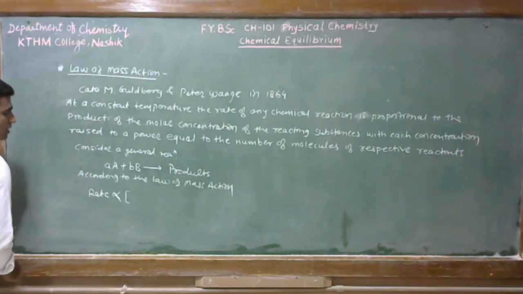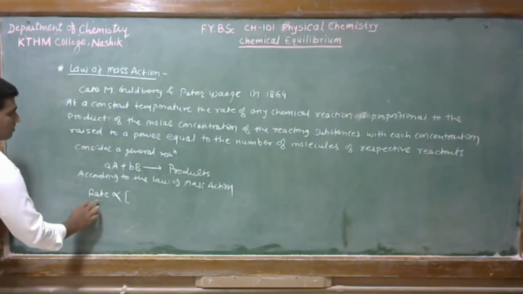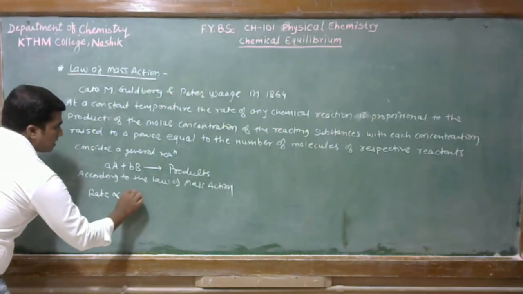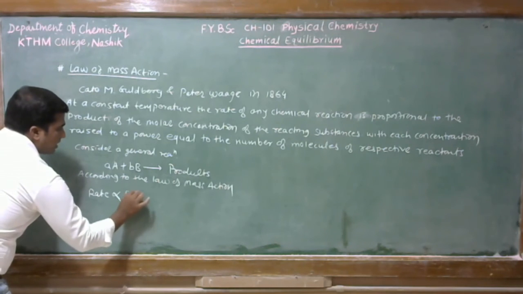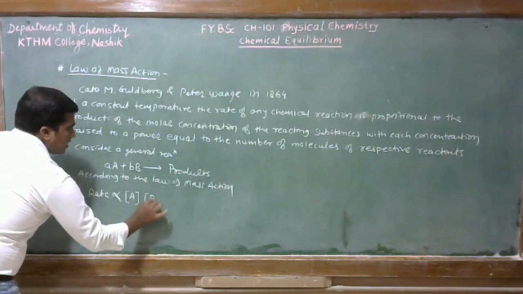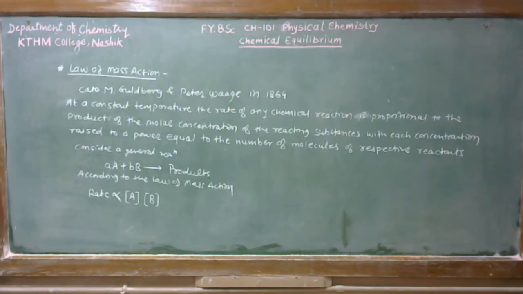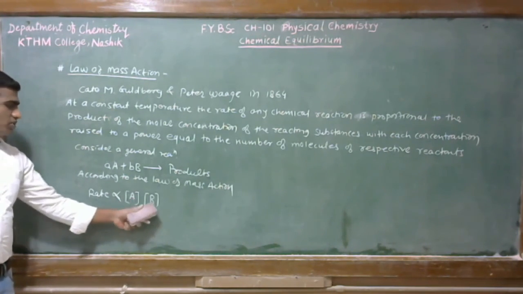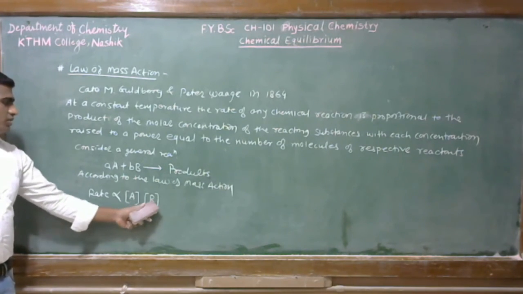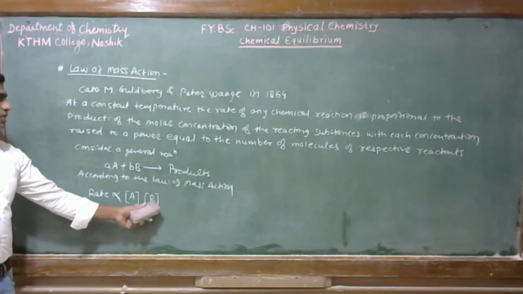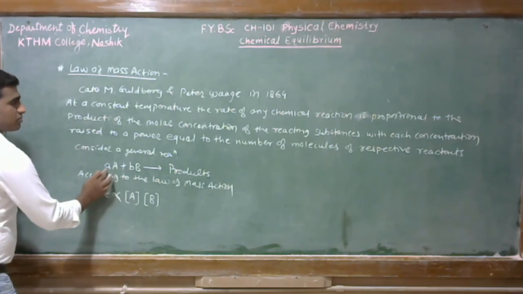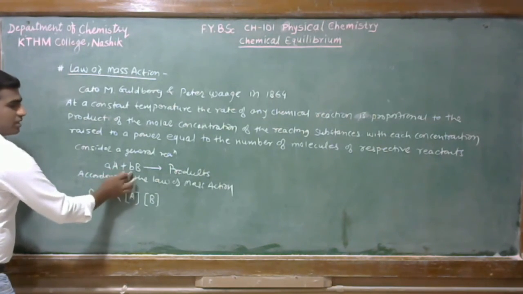So the mathematical expression for the law of mass action: rate is directly proportional to the reacting substances, here capital A and capital B, the molar concentration of reacting substances with each concentration raised to a power equal to the number of molecules in a particular chemical reaction.